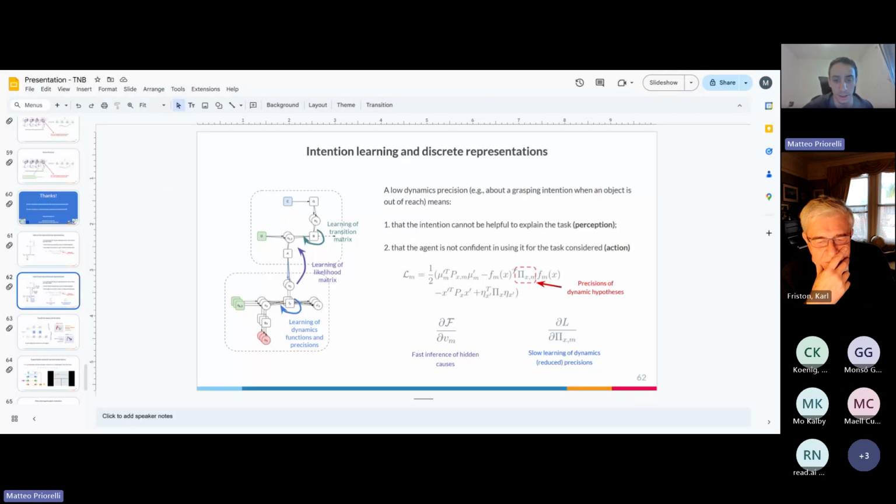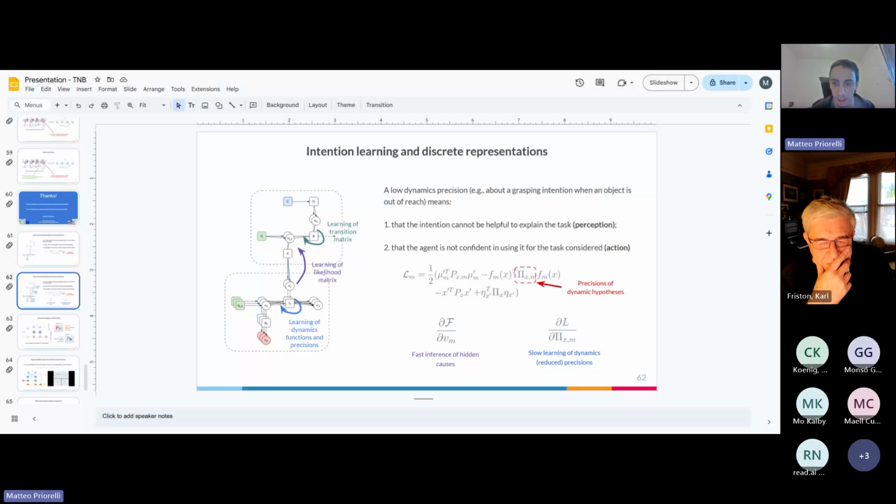So this is an idea for future work. I was thinking about these dual interpretations about these dynamics precisions. If we have a low dynamics precision, for example, about a grasping intention, this would mean that intention cannot be helpful to explaining the task, or that the agent is not confident in using that intention for the realization of the task.